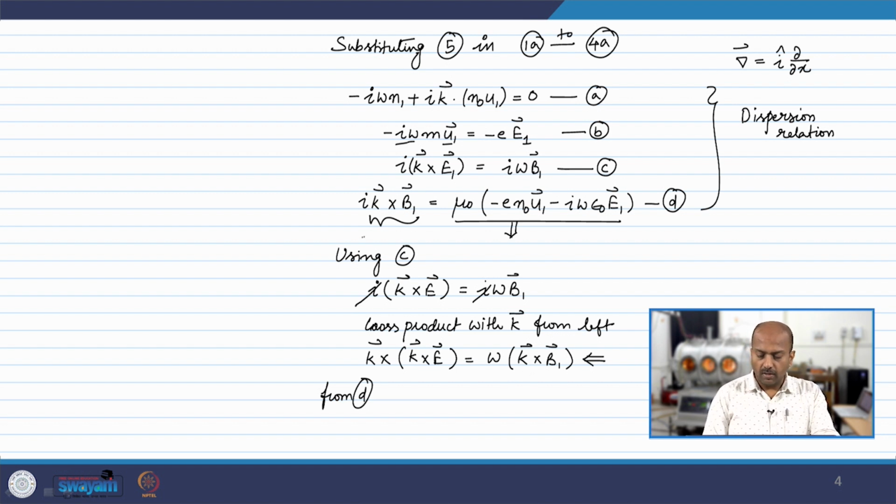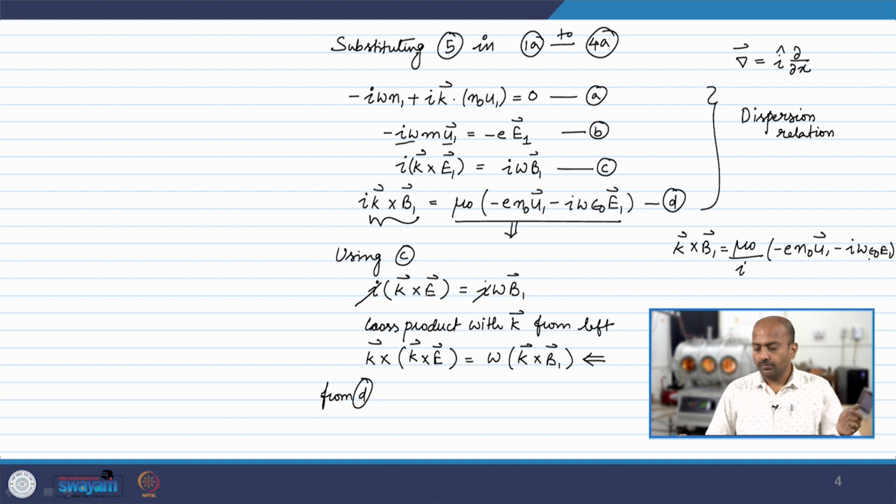Now, k cross B1 from equation number D is mu naught times I times minus e n naught U1 minus I omega epsilon naught E1. Right. So, k cross B1 is this. K cross B1 can be substituted on the right hand side.